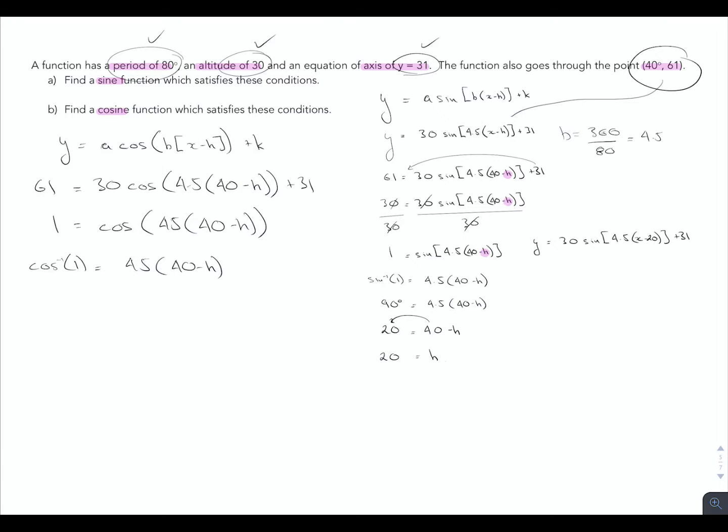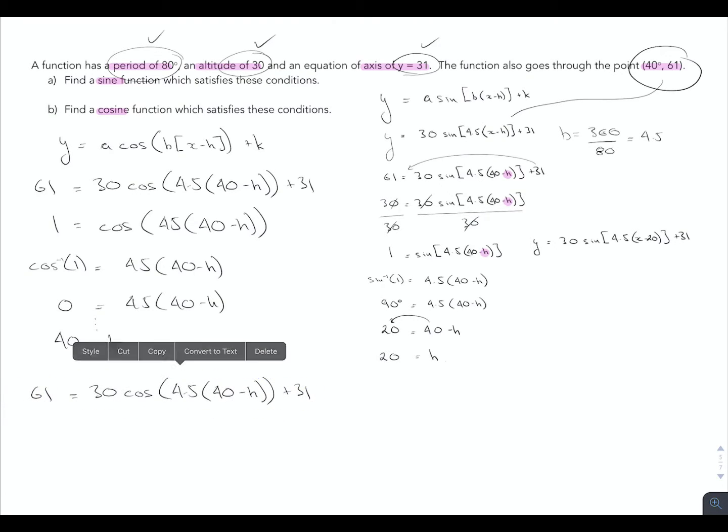Cos inverse of 1 is going to be 0. 4.5 times (40 minus h). And again, a bunch of steps here. I'm going to go straight to the end. I get 40 equals h, and therefore my equation is going to be all of this, with a y here, x minus 40.